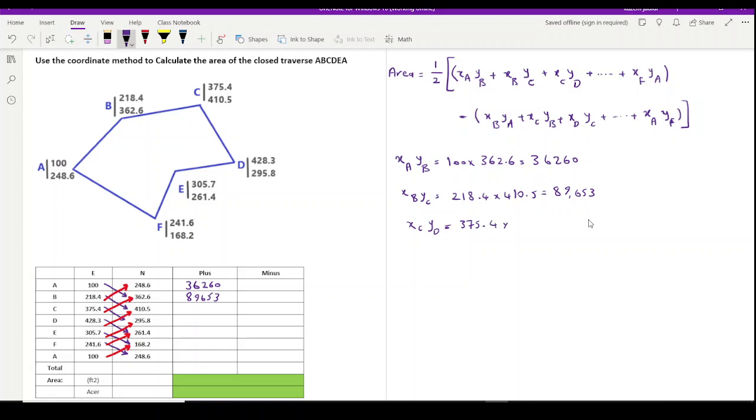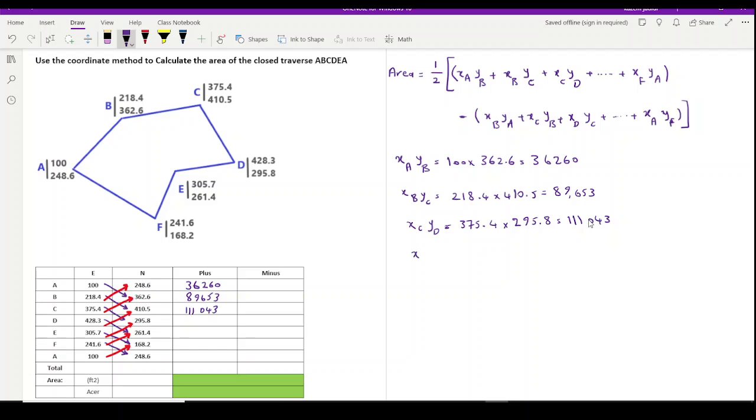375.4 times 295.8. You do the math, it will give us 111043. I write it in here.